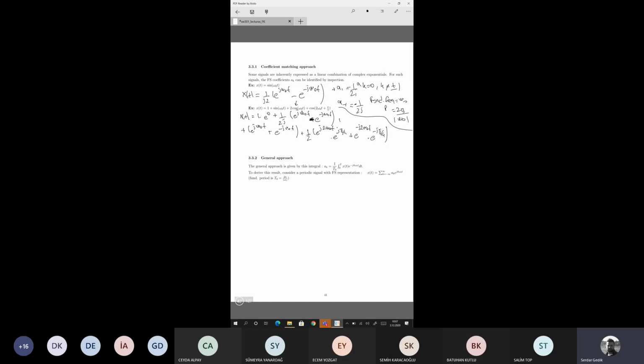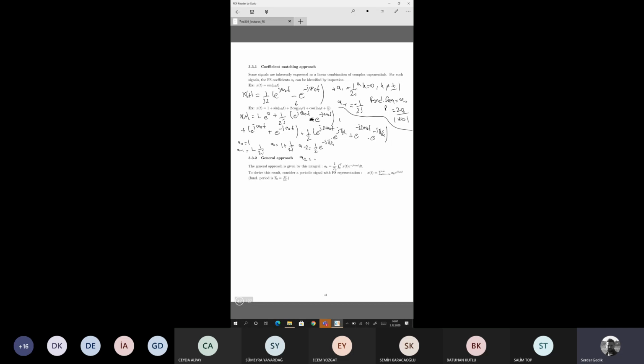Then by just looking at the terms, I can tell you that a0 is nothing but 1, a minus 1 is 1 minus 1 over 2j, and a plus 1 is 1 plus 1 over 2j. A minus 2 is simply 1 over 2 e to the power minus j pi over 4.